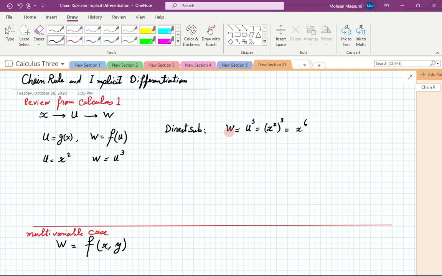If you want to know how w depends on x, or sensitivity of w to x, you simply differentiate. Let's write in Leibniz notation so it's clear as to what we are doing. w is changing with respect to x, and the derivative of it, you simply obtain it as 6x to the power of 5.